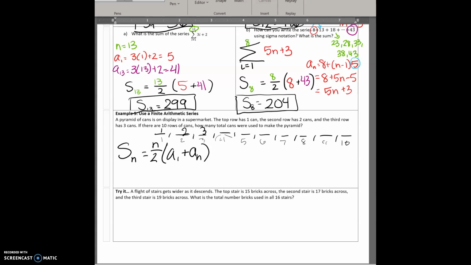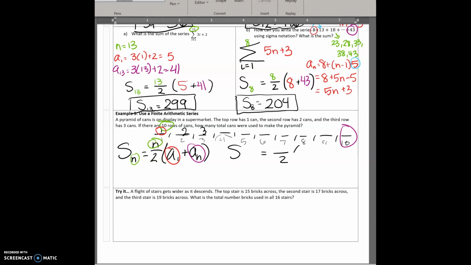Okay, so I'm going to be plugging in the information that I know. So my n is going to be the 10. And then the first row is 1, so that's going to be there. And then the last row we said has 10, so that's going to be there. So I'm going to plug this in.